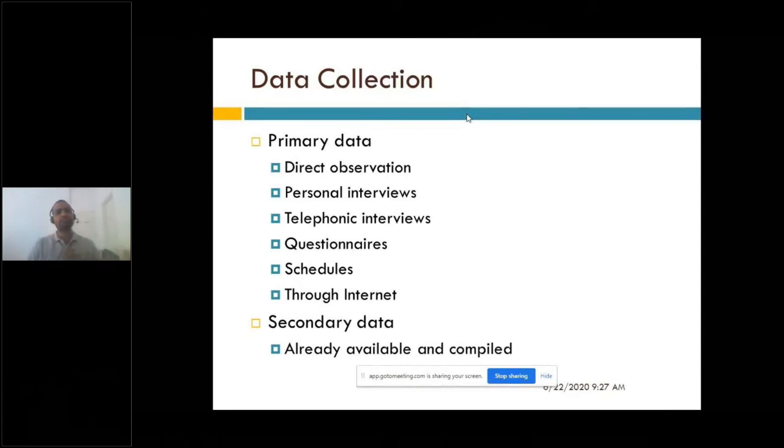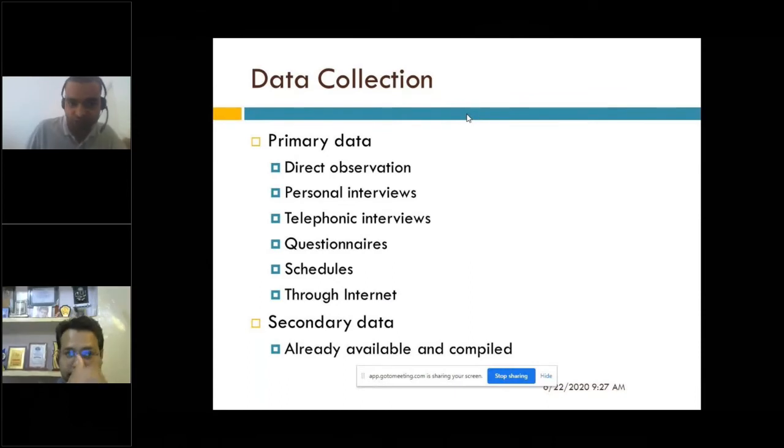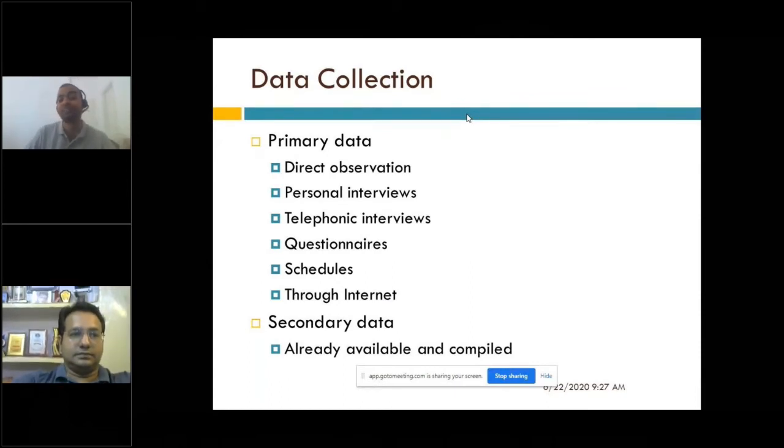But many times, we can miss some important information in questionnaires and schedules, which we can't miss in direct observation or interviews. So both methods, both tools have their own merits and demerits, and should be used wisely. Second, analysis of questionnaires and schedules is relatively easier than the first three options we have: direct observation, personal interviews, or telephonic interviews.